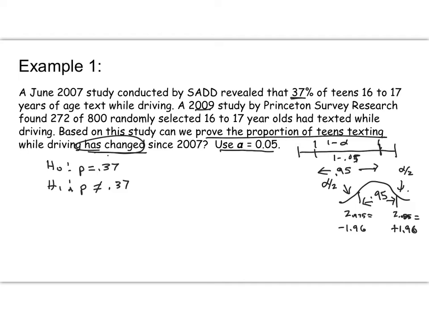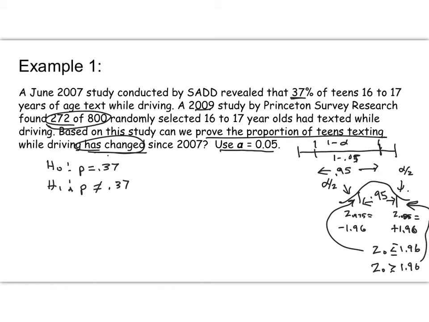So we're going to find a z-score that goes with our observed value and find out if our test statistic is less than negative 1.96, because that would put it here, or greater than positive 1.96, because that would be in this region.